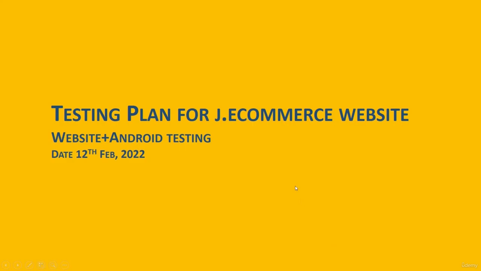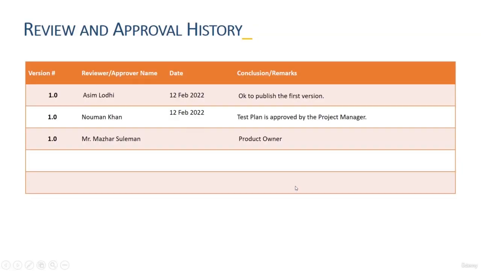We have also specified who the owner is for test plan approval: my name as QA manager, the tester name, and the client product owner, who needs to approve our test plan for the testing.